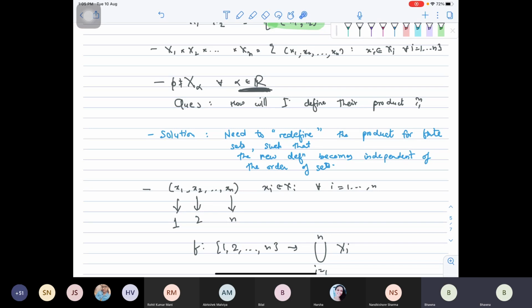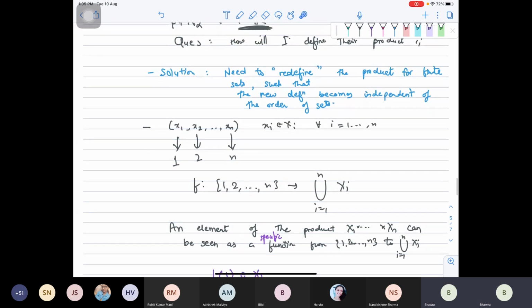This is the order which we have followed. x1 means first position, x2 second position, and xn nth position. So I can say this element is nothing but a function from 1 to n to union of xi.